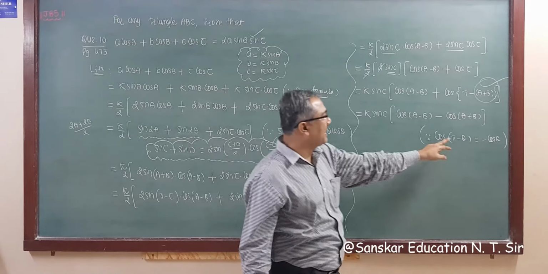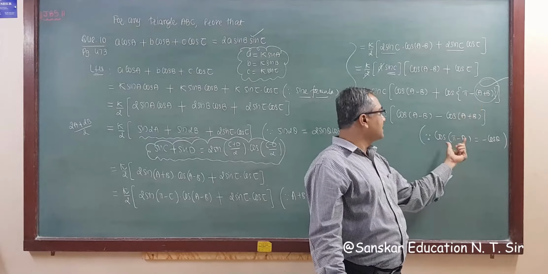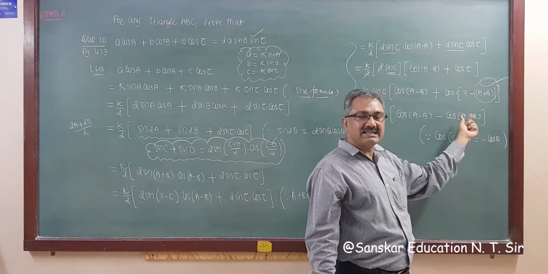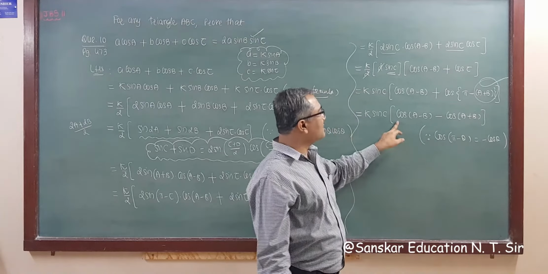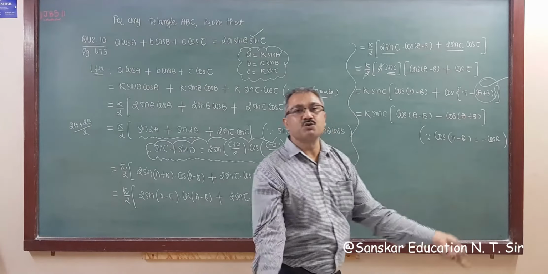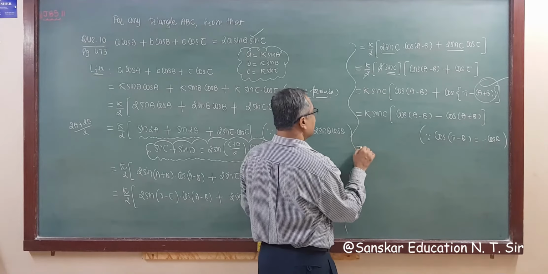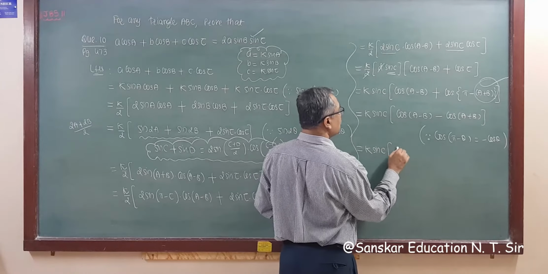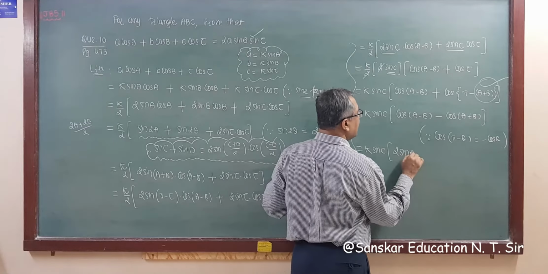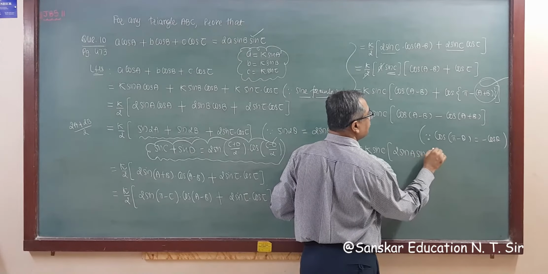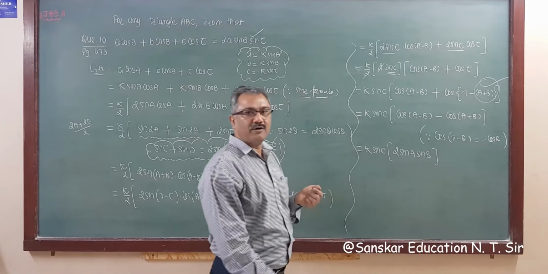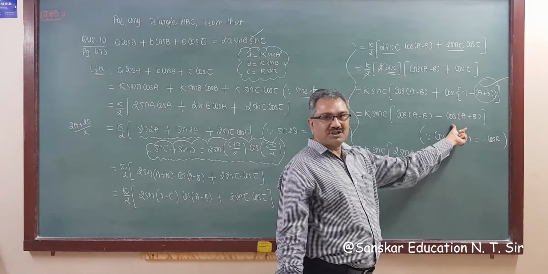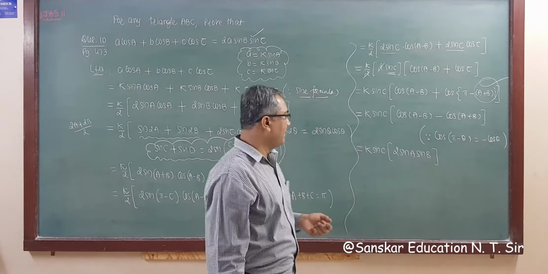I am writing theta instead of A plus B. Now cos(A minus B) minus cos(A plus B) is 2 sin A sin B. So this is K sin C into 2 sin A sin B. This is the standard formula: 2 sin A sin B is cos(A minus B) minus cos(A plus B), right?